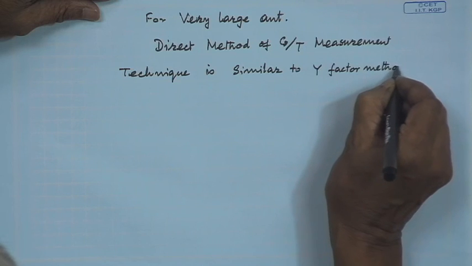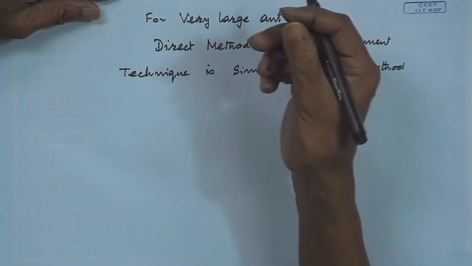Y factor is measuring the noise power with two different loads connected at the input to the device under test. So, two different noise sources, and then the ratio of these two measurements gives us a factor called Y, and based on the Y and the measured noise power, you can calculate and find out the noise temperature.